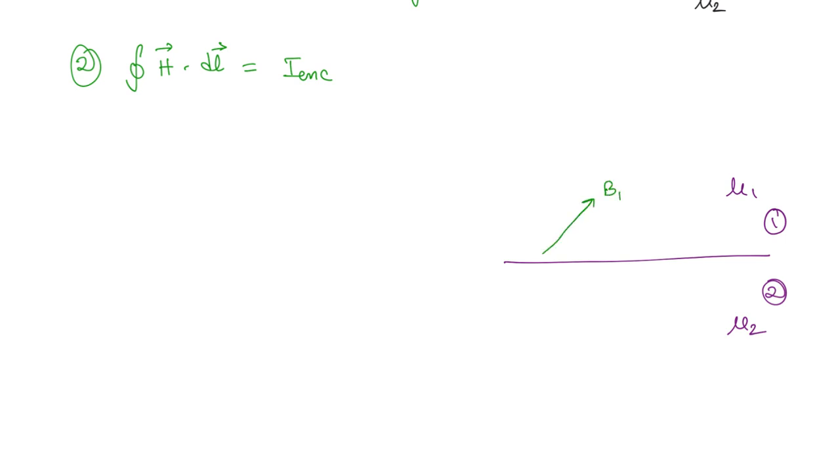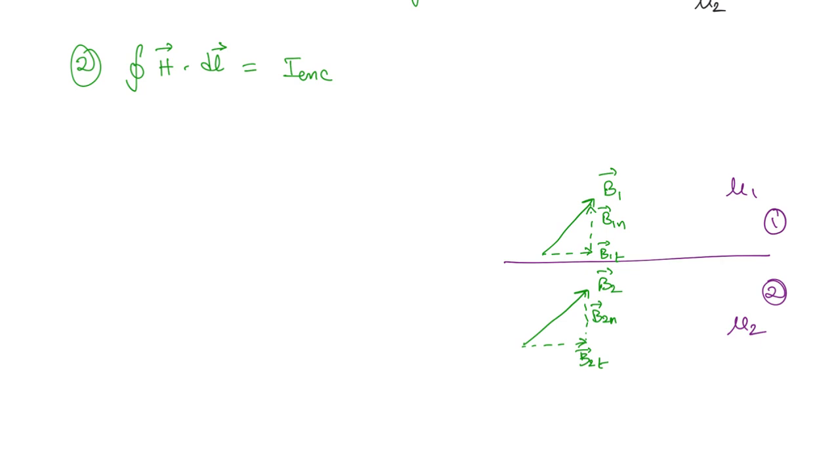If it is B1 bar, the tangential component is going to be B1T bar, and this is B1N bar, the normal component. Similarly, if this is B2 bar, then this is the normal and this is the tangential component, B2T bar, and this is B2N bar.